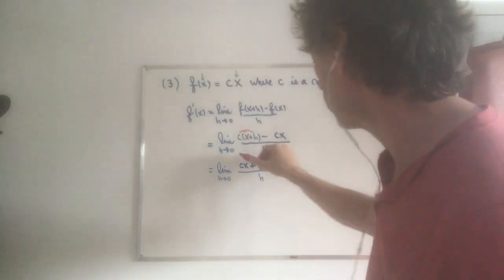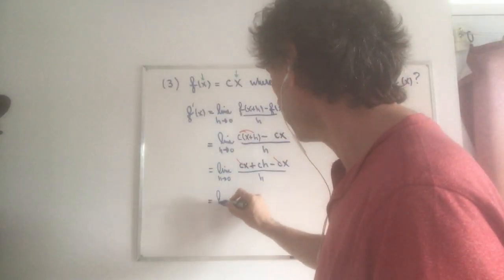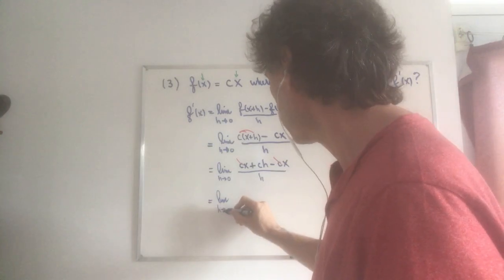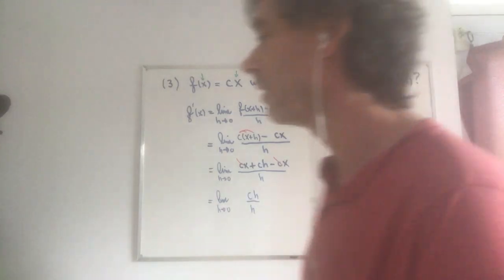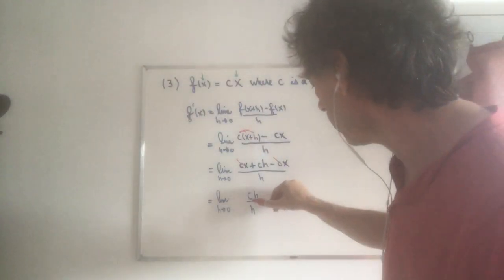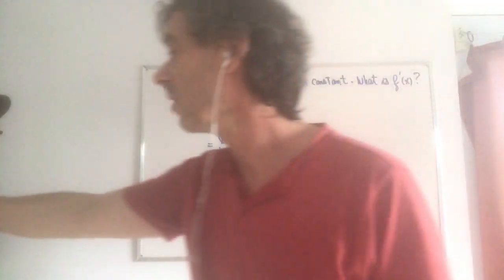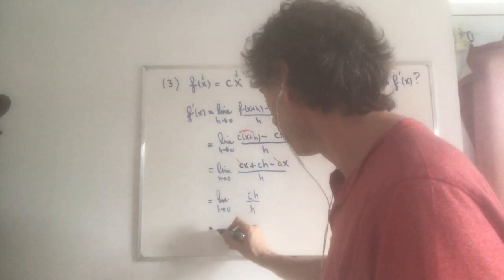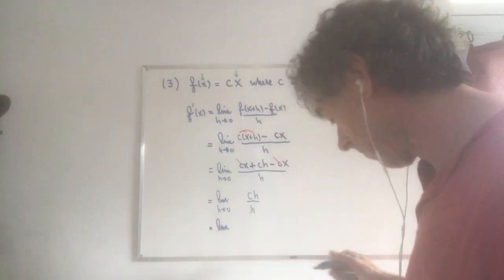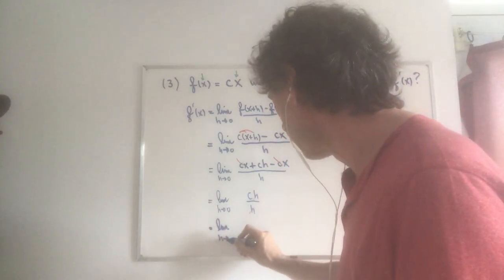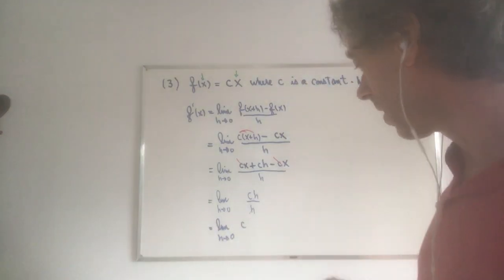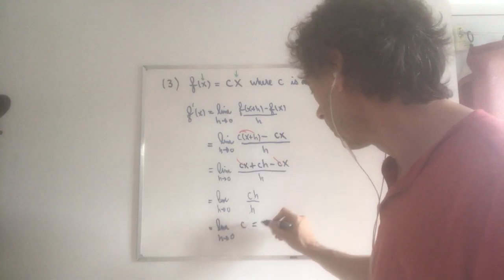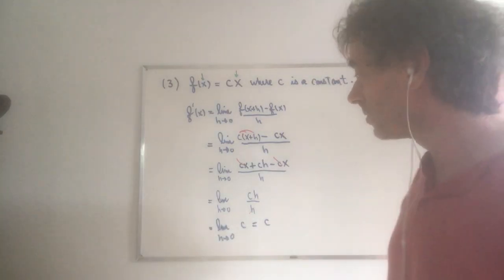And of course, this is gone. So I end up with the limit as h goes to 0 of ch over h. Well, there we go. Another cancellation right here. And I have the limit of a constant. Oh, I haven't seen that in a while. Limit of just c as h goes to 0. So if I cheat on this and I replace h by 0 in here, clearly I have no place to put the h. This is just c.